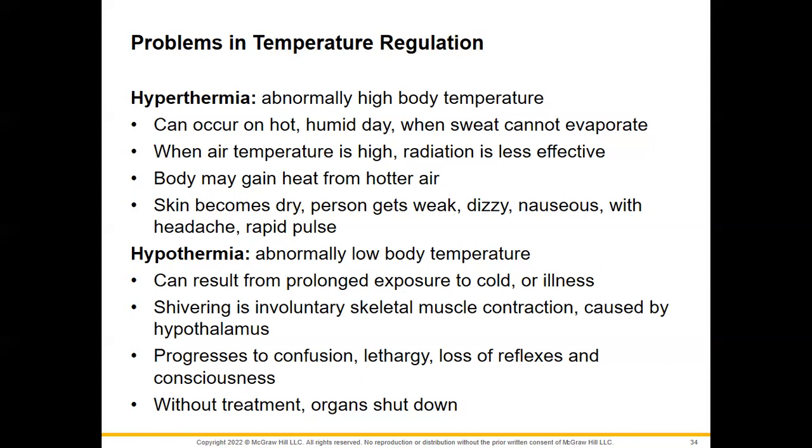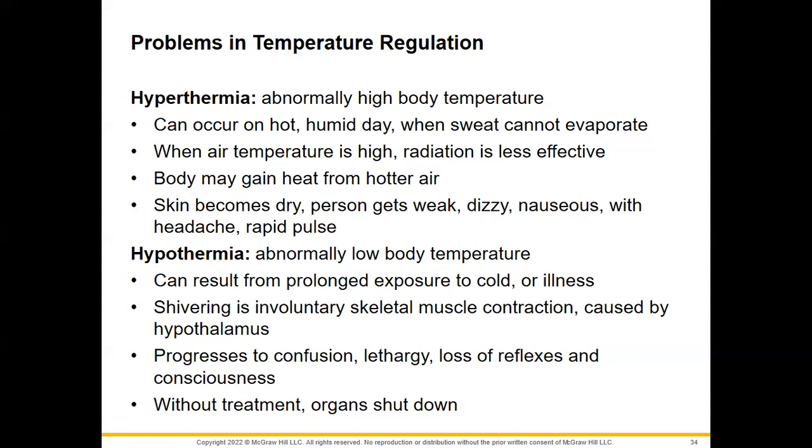The reason why this happens is because the heat from your body, we already said the dermal blood vessels are going to dilate, so now you have more blood flow toward the surface. Some of that heat is going to leave the blood vessels and go into the sweat, so that when the air passes across your skin, that sweat is evaporated into the air and takes the heat with it.